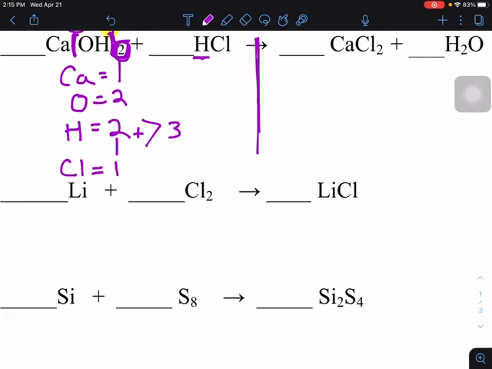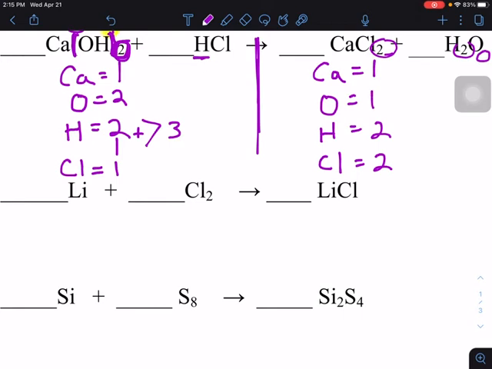Okay, in the products, again, we have calcium, we have oxygen, we have hydrogen, and chlorine. So we've got 1 calcium, we've got 2 chlorine, we have 2 hydrogen, and we have 1 oxygen.